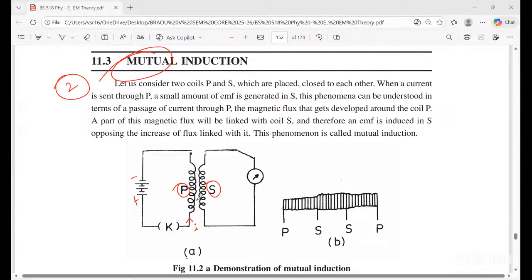A magnetic field is going to be developed in the primary itself. If I changes, B also changes. If B changes, flux is generated. If flux changes, EMF is generated.